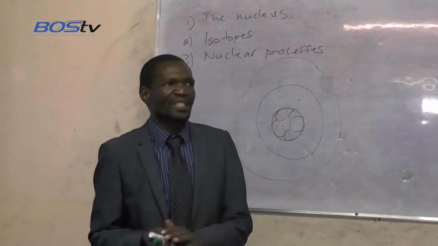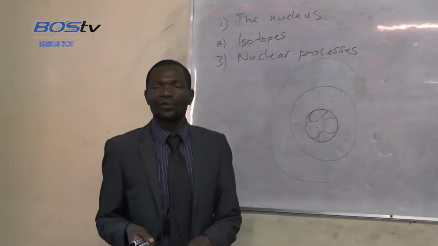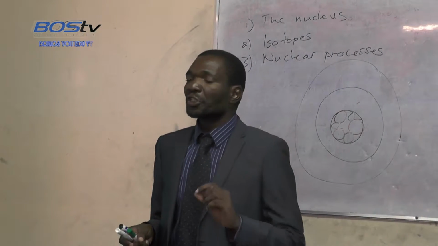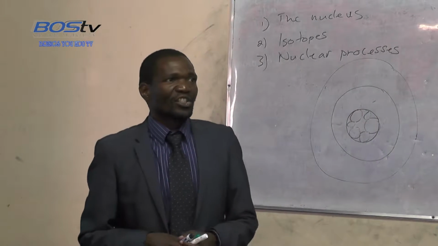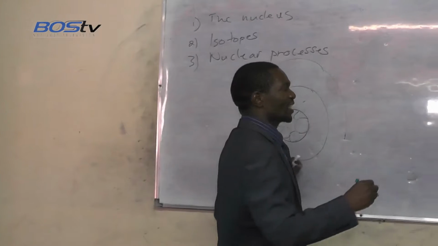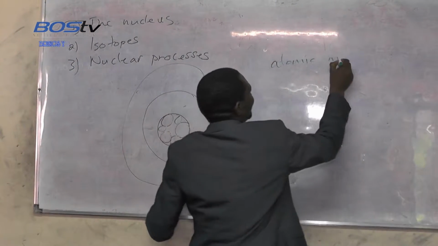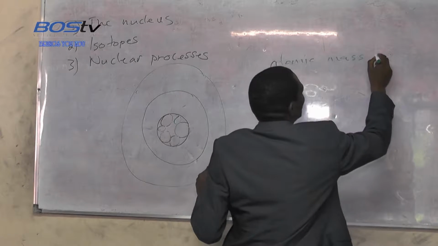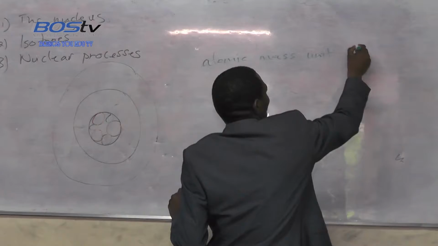Mind you, we'll be dealing with very small masses, right? So the atomic mass unit is defined as being equal to 1/12 of the mass of a carbon-12 atom, as a standard. The symbol for atomic mass unit is u.